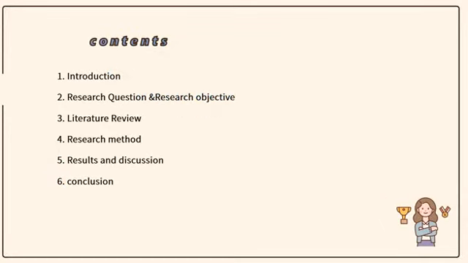I divided my presentation into 6 parts, including introduction, research question, research objectives, literature review, research method, results and discussion, and conclusion. First, I'm going to look at the introduction.